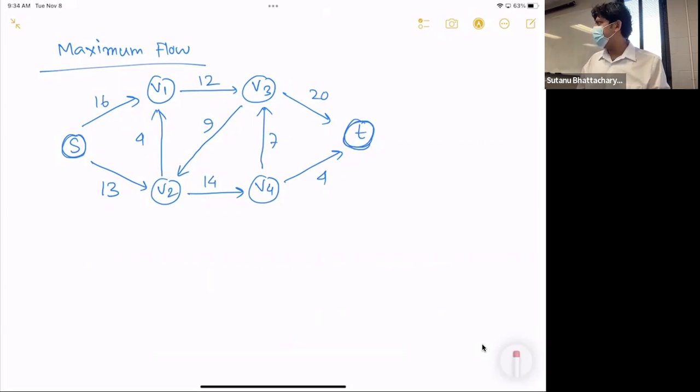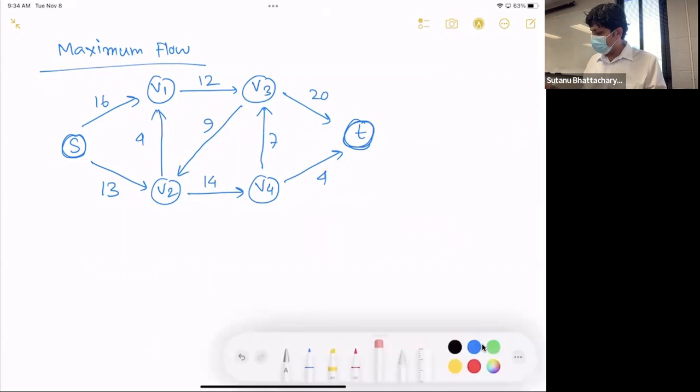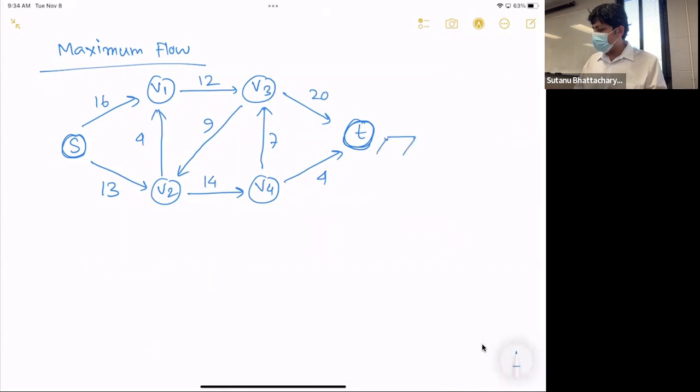Just assume this is your apartment, and there are multiple pipelines for water connection.